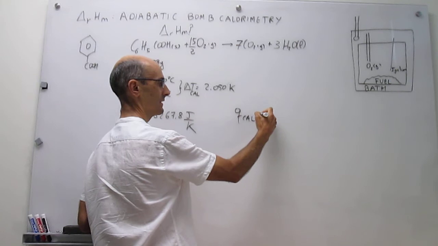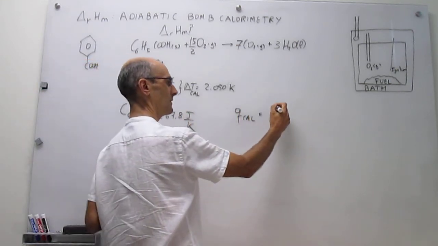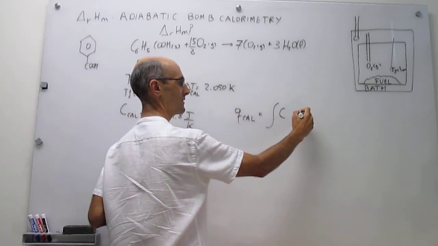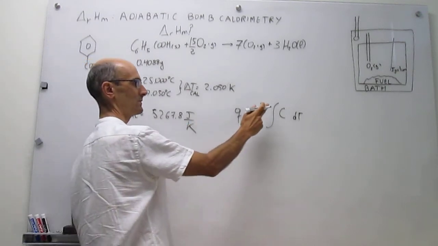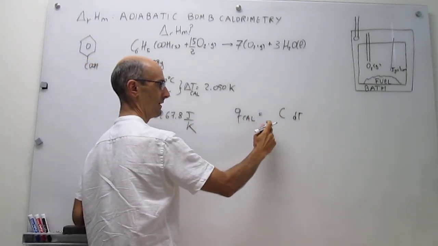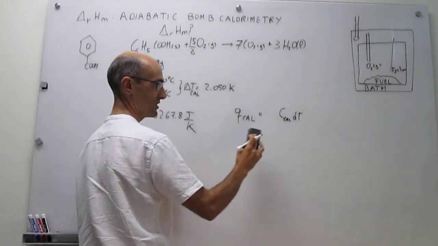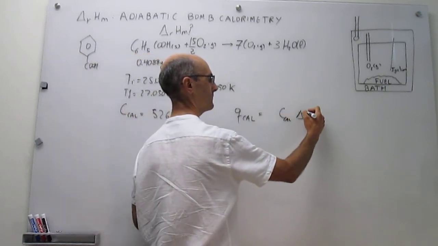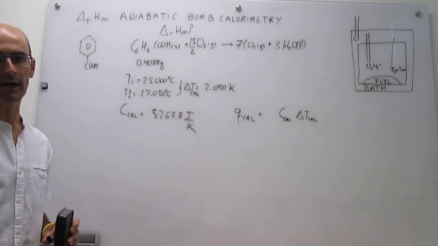Because this heat capacity is constant, it will be the integral of the heat capacity times dT. It does not depend on temperature, so this is simply the heat capacity of the calorimeter multiplied by the change in temperature in the calorimeter.